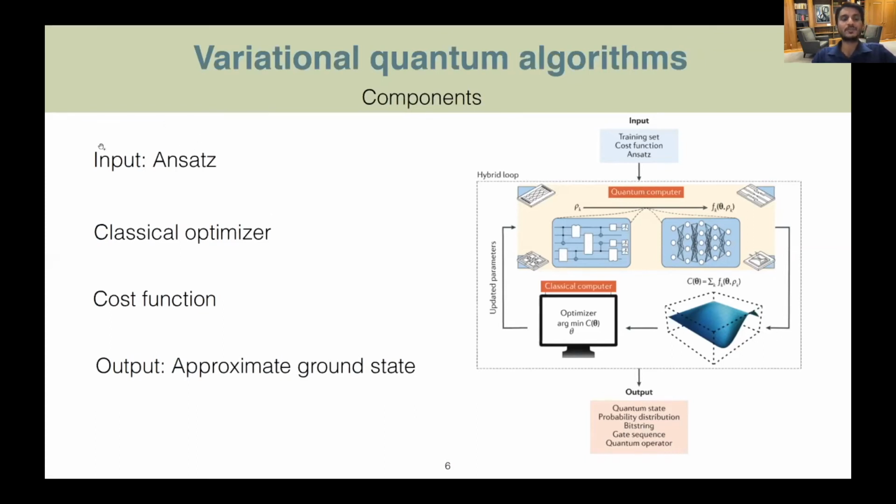There has been a plethora of work in choosing different kinds of ansatz, showing that certain kinds of ansatz work quite well with molecular Hamiltonians, and some work with max cut problems and so on. So I'm not going to touch on that.